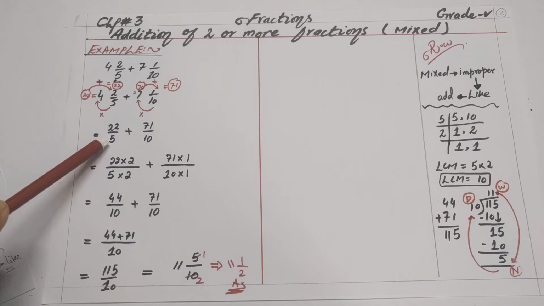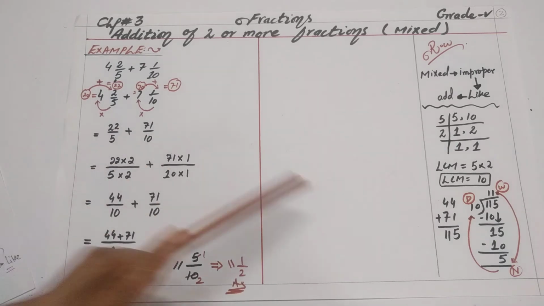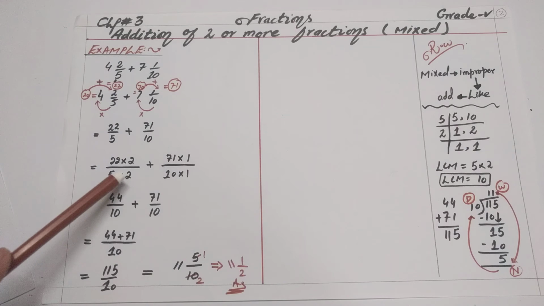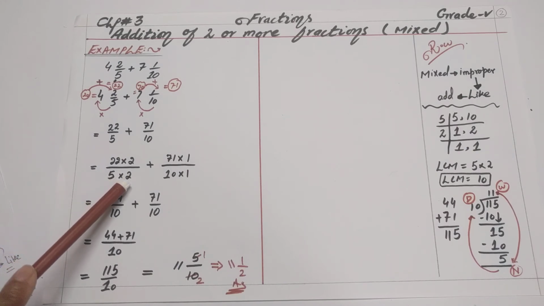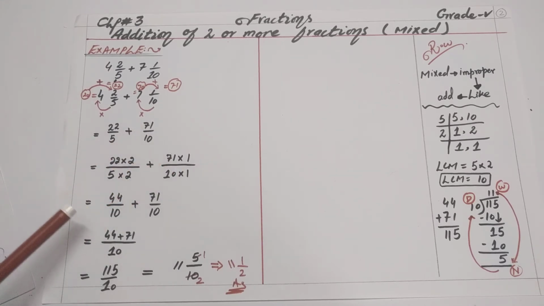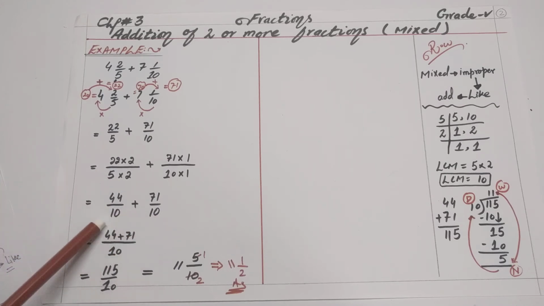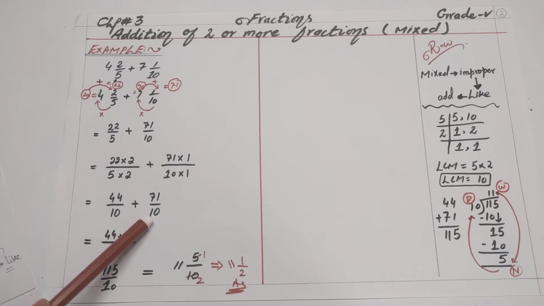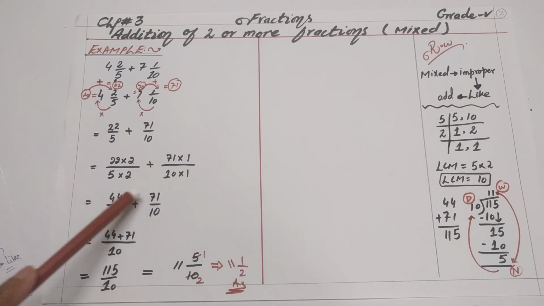If in a fraction the denominator is not equal to the LCM, you have to write the denominator in the form of the LCM. So we have 5, so we have to convert it into LCM 10. So 5 twos are 10. If you are multiplying any number in the denominator to get the LCM, you will also multiply the same number in the numerator. Same with the second one. And then after this step, you will get like fractions, and when you get like fractions, you can easily add the numerators.